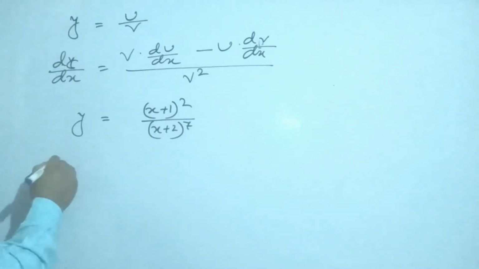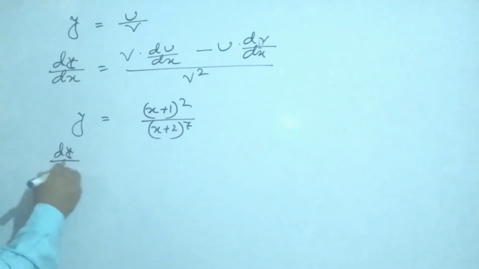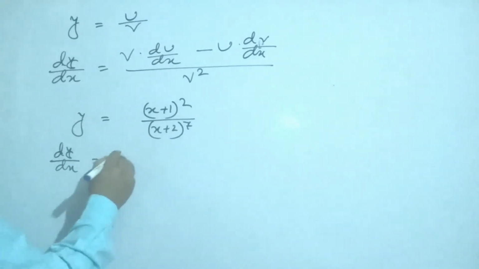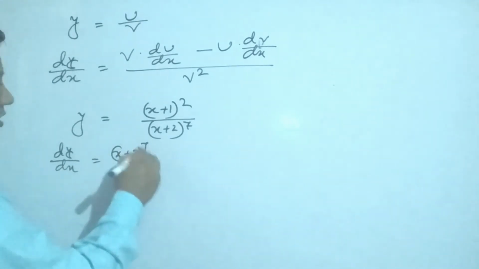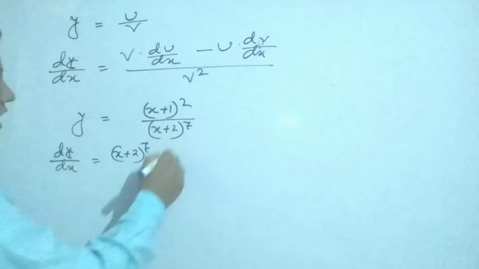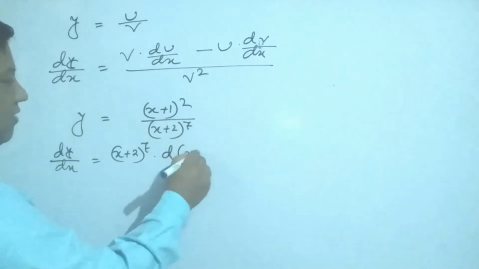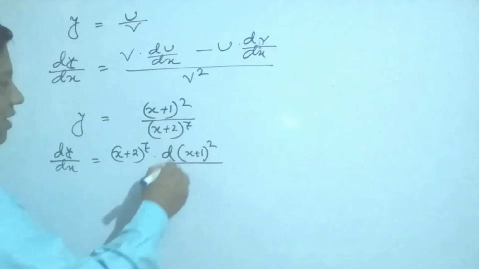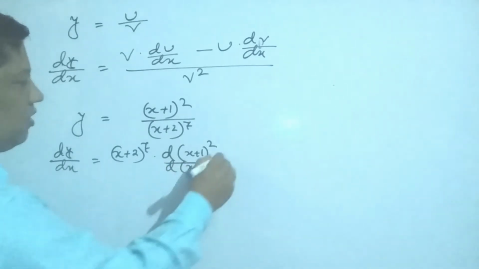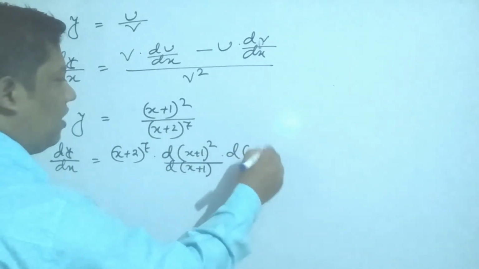Then if you use this identity for dy upon dx, at first leave the denominator, this part, and differentiate the numerator. Since it is a power, the same power is written, with d(x plus 1) upon dx.